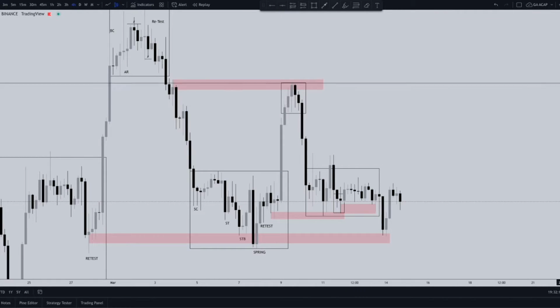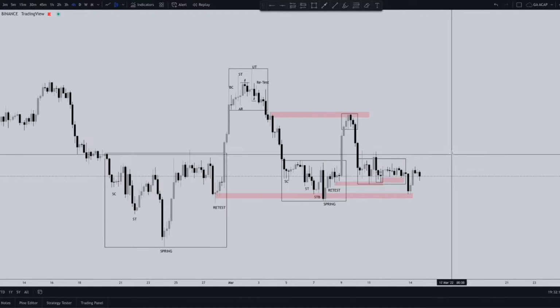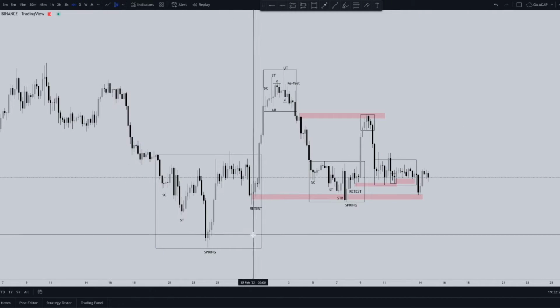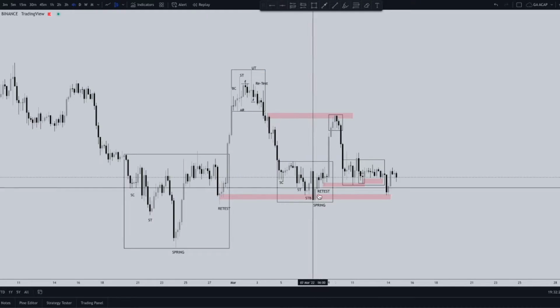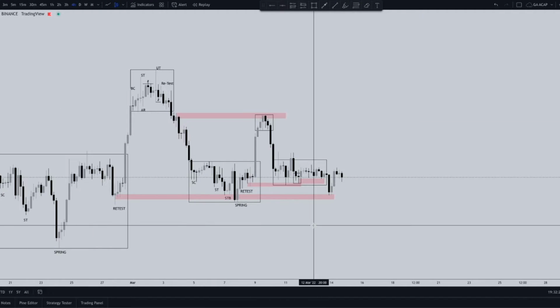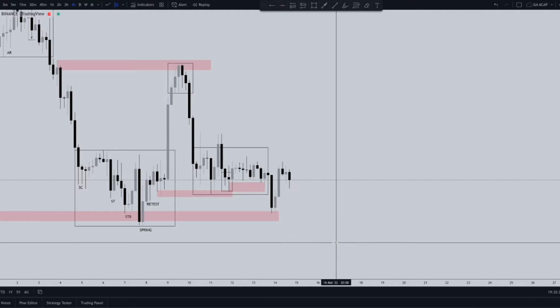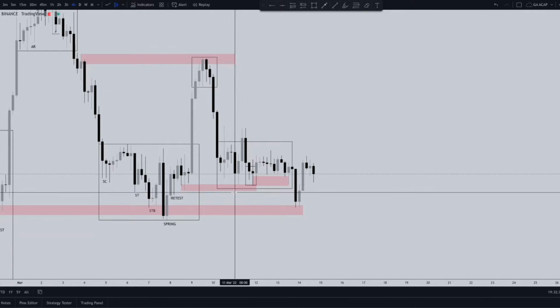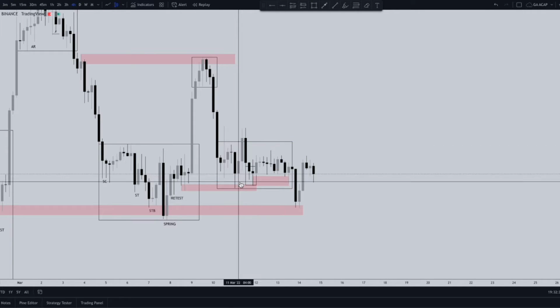So if we go over to TradingView to have a bit more in-depth analysis, you can see what has been happening on the 4-hour. Price has pretty much been, we had the accumulation, we had the distribution, then we had a reaccumulation, then we had distribution, then it looks like we're starting to build an accumulation again, which is really good. You can see that price pretty much tapped into its demand, so we did have a reaction, break of structure.